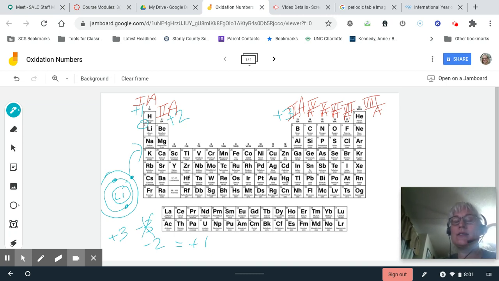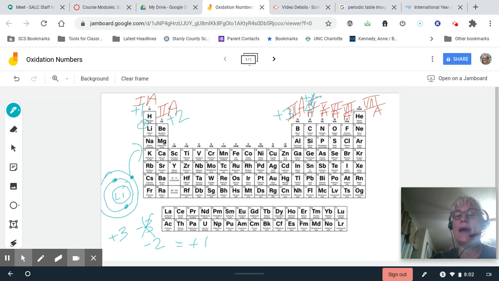So we kind of skip this, but they can be plus or minus 4, because some of them will behave like metals and some will behave like nonmetals. Carbon is a nonmetal. If you go down here, you've got tin and lead and so forth, and they would be positive because they would be metals. But that group operates a little differently, so we don't use as many of those when we're dealing with oxidation numbers.